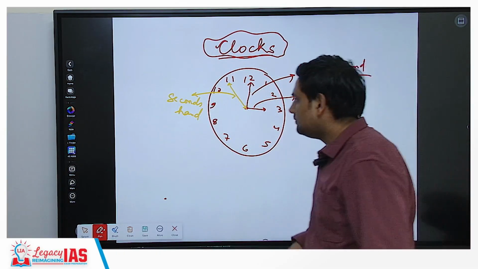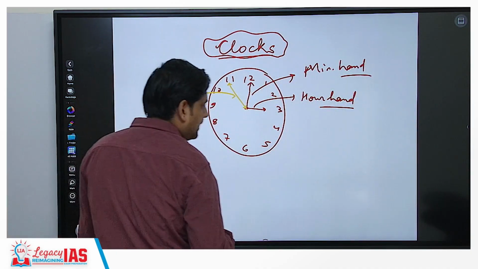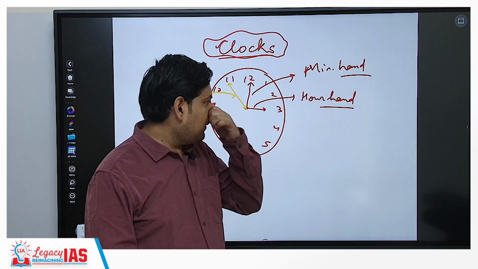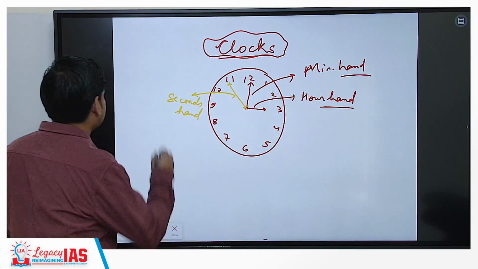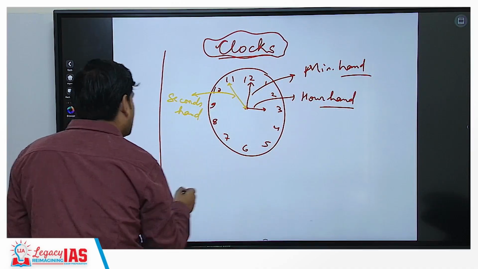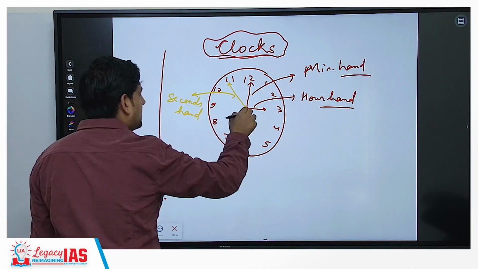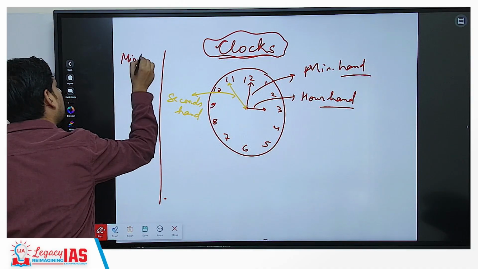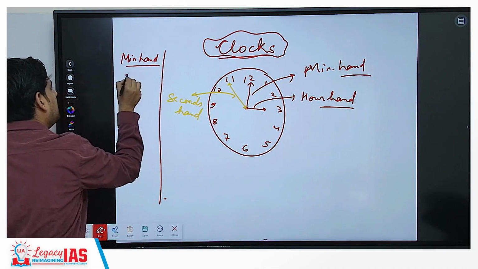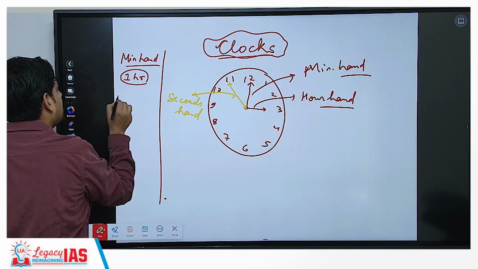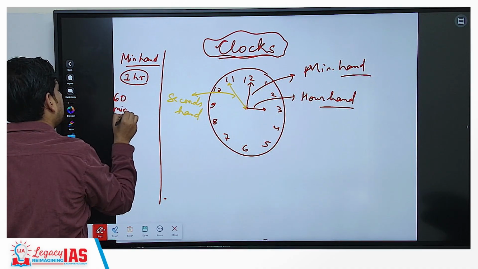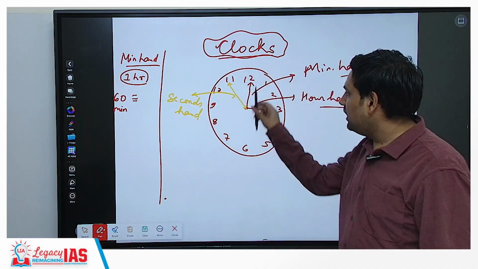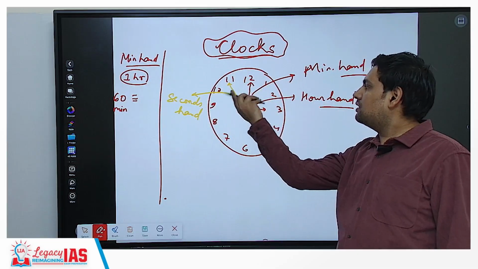Now, the first thing that we can find out is their speeds. How do we find out that? See, let's start with the minute hand. In 1 hour, 1 hour means 60 minutes, how much does this minute hand rotate? Starting from here, it goes and comes back here.